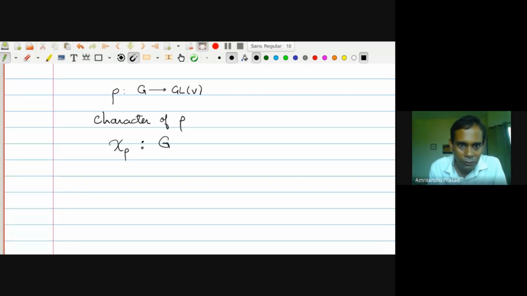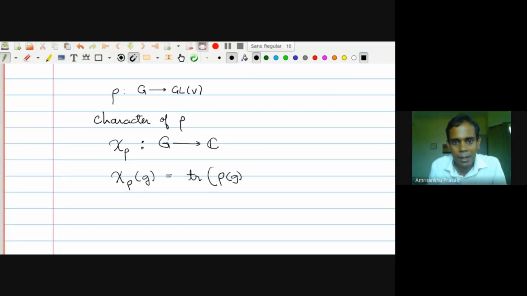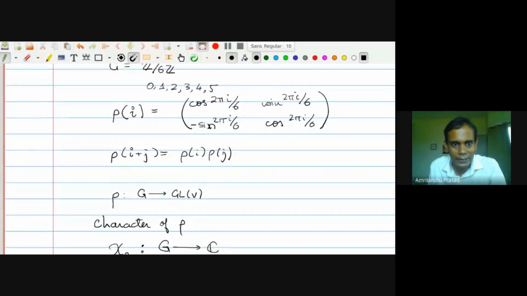This is a function from G to just complex numbers. And what is this function? How is it defined? χ_ρ(g) is just the trace of ρ(g), because remember, ρ(g) is a linear map from V to V, so I can talk about its trace. So it's the trace of ρ(g) on V. So in this example, what is the character of this representation?